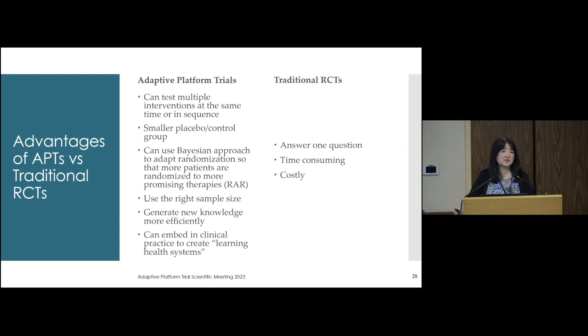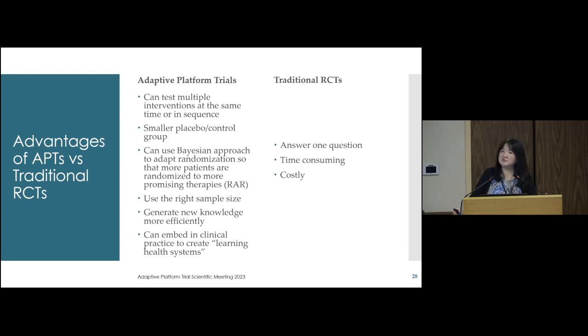They're very time consuming and very costly, and each time there's downtime between studies as well. The adaptive platform is really trying to build a platform to do multiple trials, looking at multiple interventions, at the same time or in sequence.